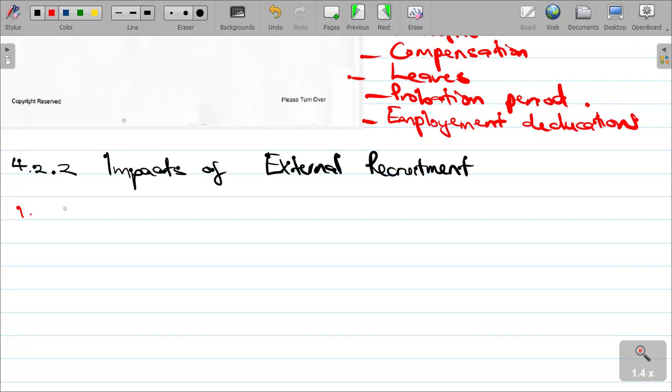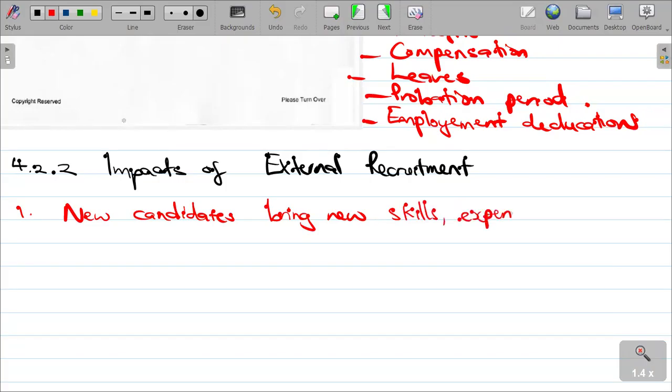The organization is going to gain new candidates, new employees who bring new talents, new skills, experiences, right? Two, there is a large pool of labor in the outside, in the external. There are many people, right, to choose from.